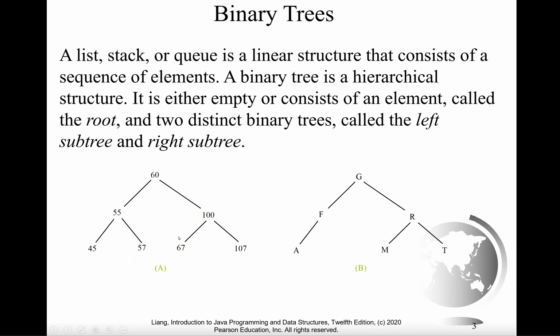This is a binary tree, has a root, has the branches. Every node has at most 2 branches, left and right branches. These are the nodes called leaf nodes.